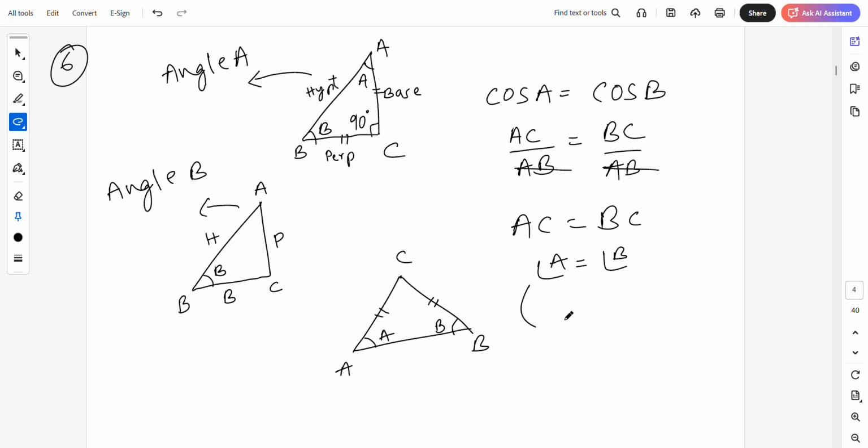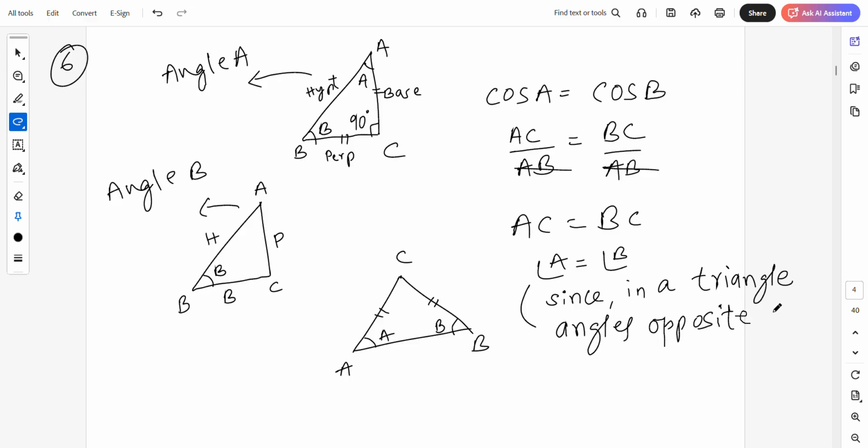Since in a triangle, angles opposite to equal sides are also equal.